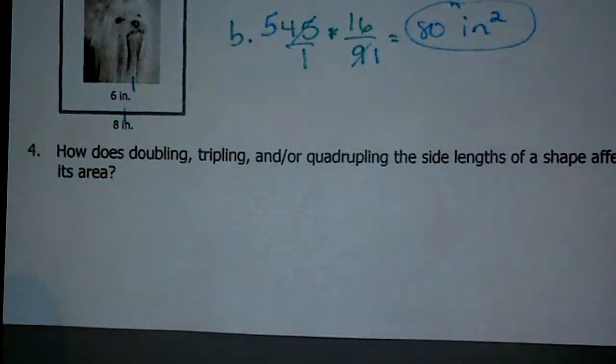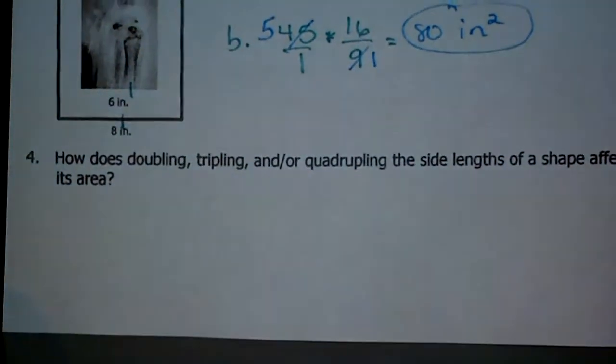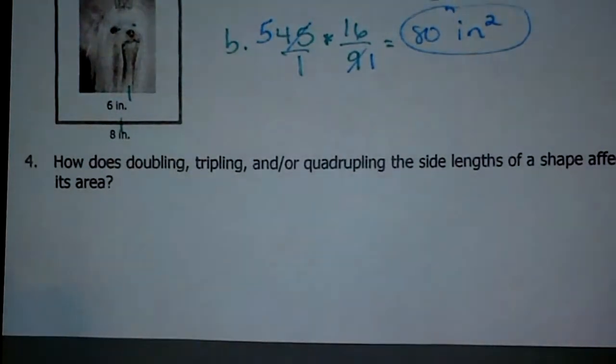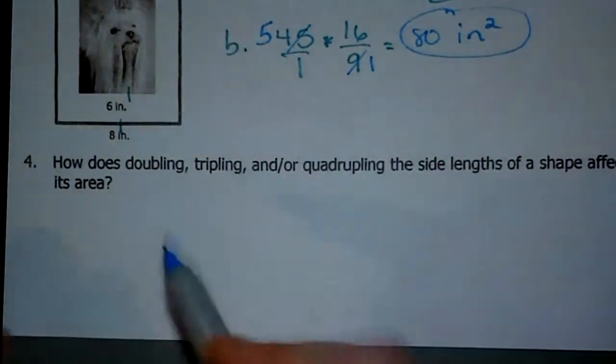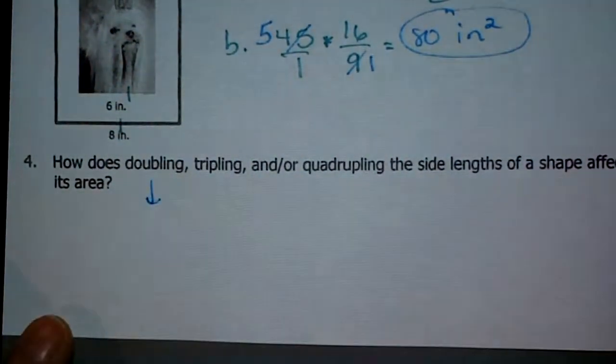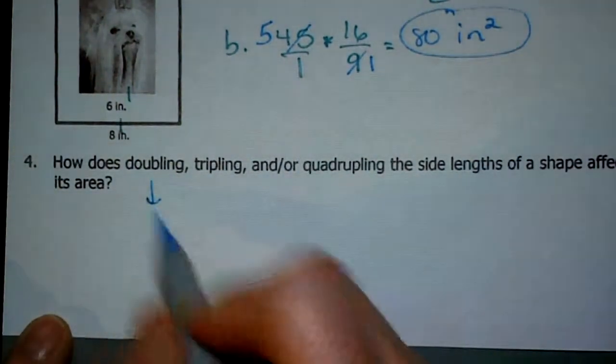And the last one, putting this all together, how does doubling, tripling, and or quadrupling the side lengths of a shape affect its area? Well, this isn't really proportional, right? The area one's not proportional because we're squaring it. So if you double, that means you're actually using the number 4 instead.